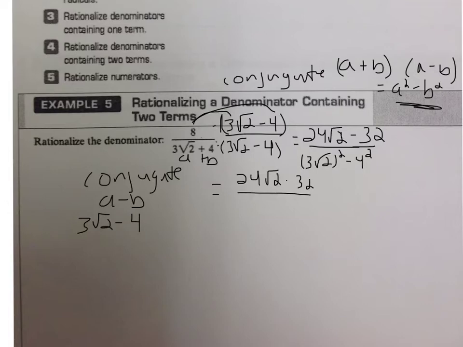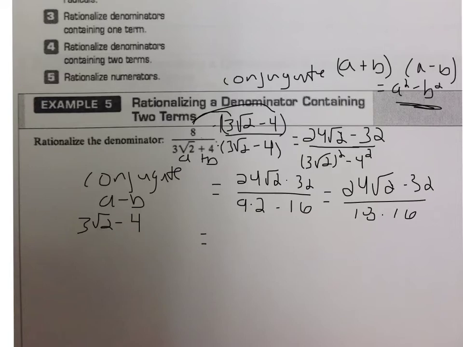The bottom, if I square the 3, I get 9. If I square the square root of 2, the square root crosses out with the squared, and I get times 2, and 4 squared is 16. And we've got 9 times 2 to do, so that's 18. So we've got 24 square root of 2 minus 32, all over 18 minus 16.